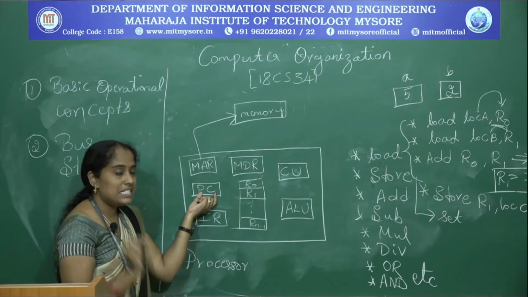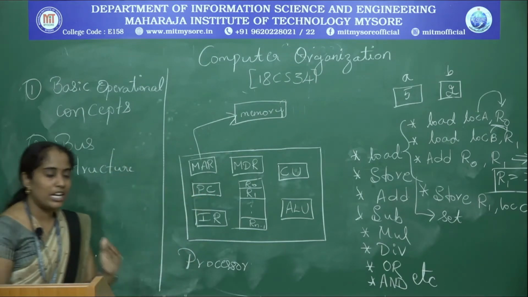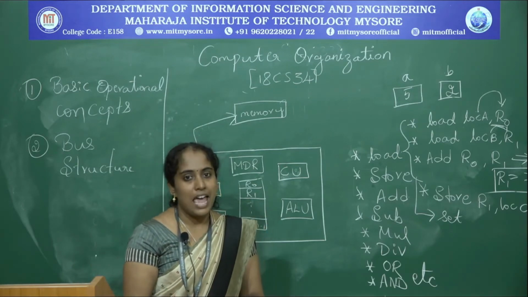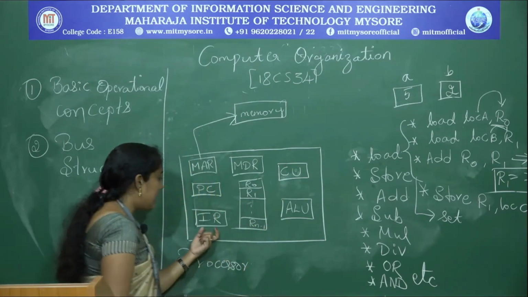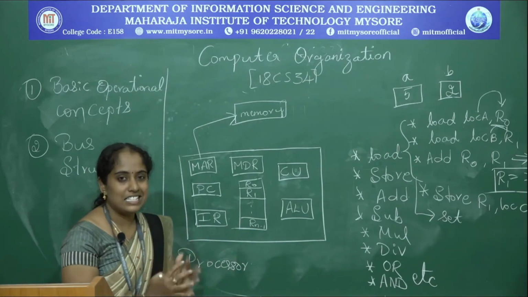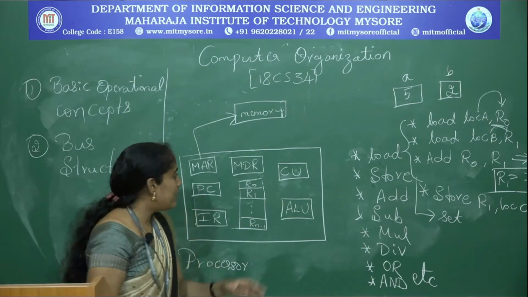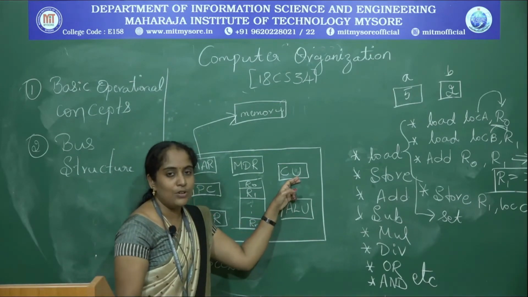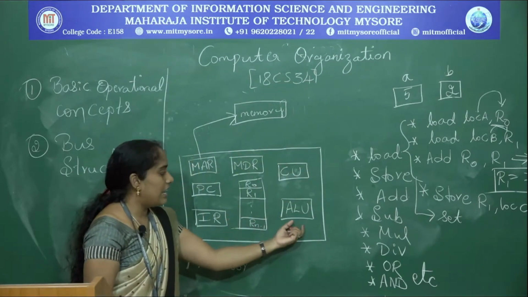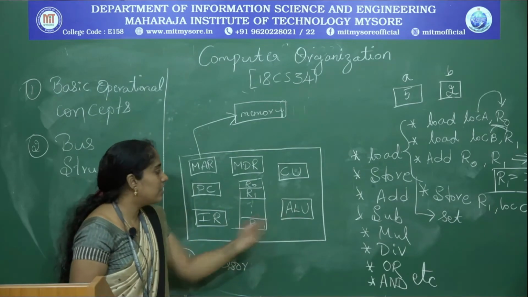Next is the PC, the program counter. It will contain the address of the next instruction to be executed. Next is the IR, the instruction register, which will contain the instructions. The CU is the control unit, which controls all operations of your computer, and the ALU is used for arithmetic and logic operations.